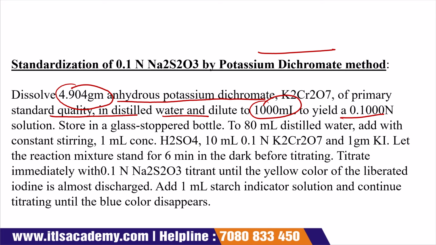Now we store it in a glass stopper bottle, and then we add 80 ml of distilled water with continuous stirring, 1 ml of concentrated sulfuric acid, 10 ml of the 0.1 normal potassium dichromate, K2Cr2O7, and 1 gram of potassium iodide.